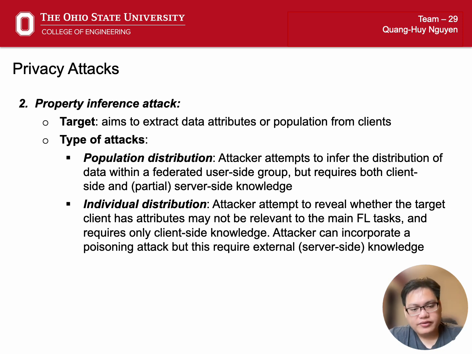For individual distribution attack, the attacker can attempt to reveal if the target client or data attribute may or may not be relevant to the main federated learning system, but it often requires only client-side knowledge. However, the attack can be enhanced by incorporating a poisoning attack for a more effective attacking method, but it often requires server-side knowledge.